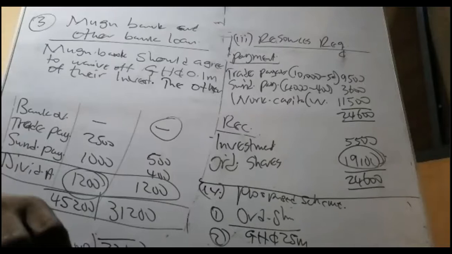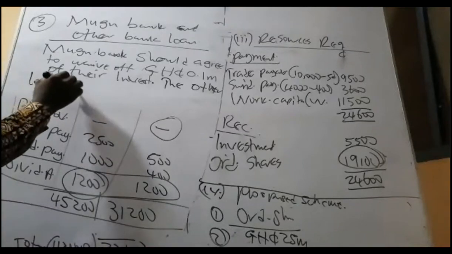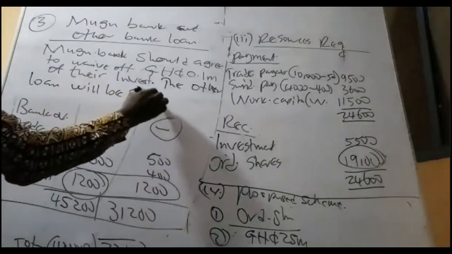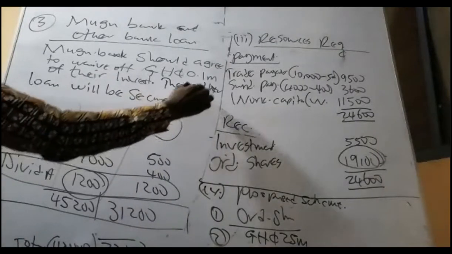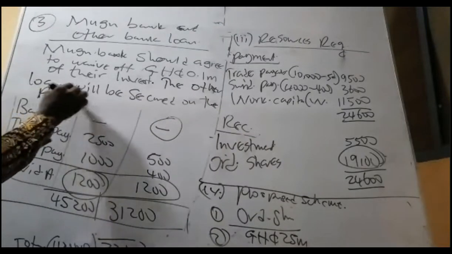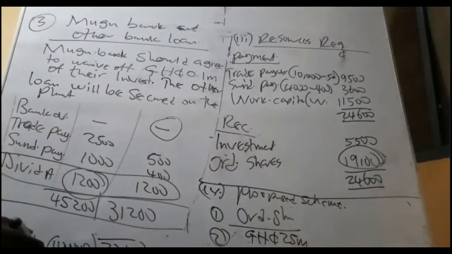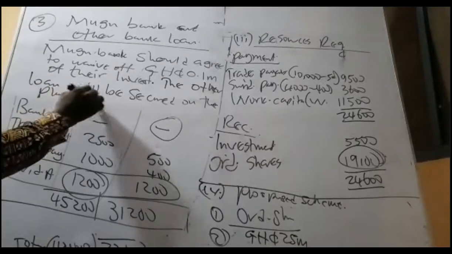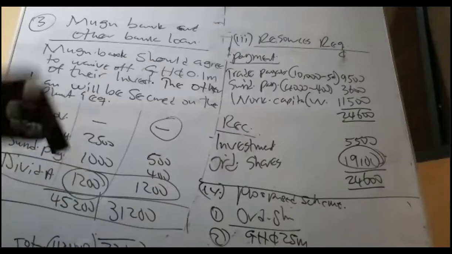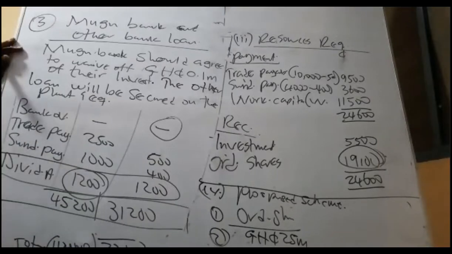So other loan will be secured as a fixed charge on the plant and equipment. So that's number 3.